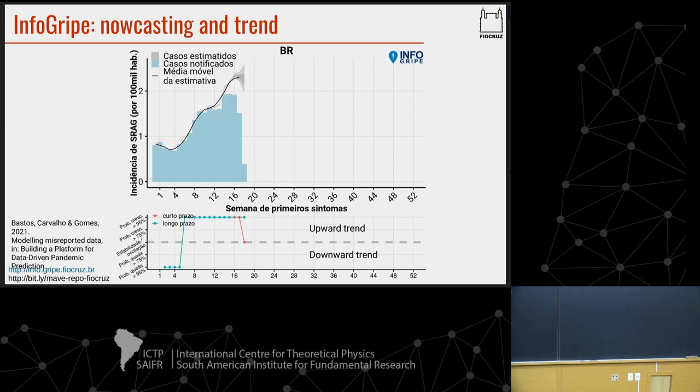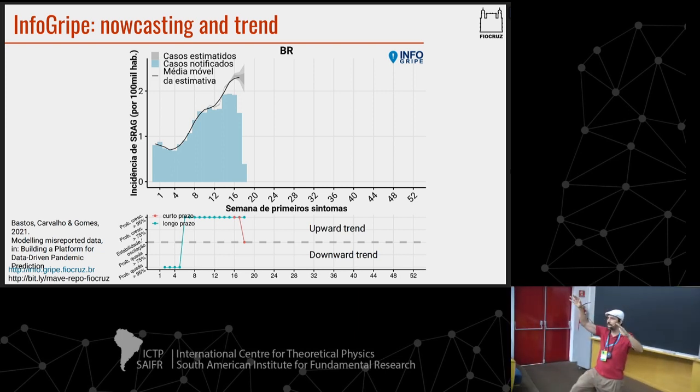Remember, the nowcasting provides a set of trajectories, right? Over this set of trajectories, I calculate the median for each week, which will be my point estimate, and the uncertainty associated is the gray shaded area there.